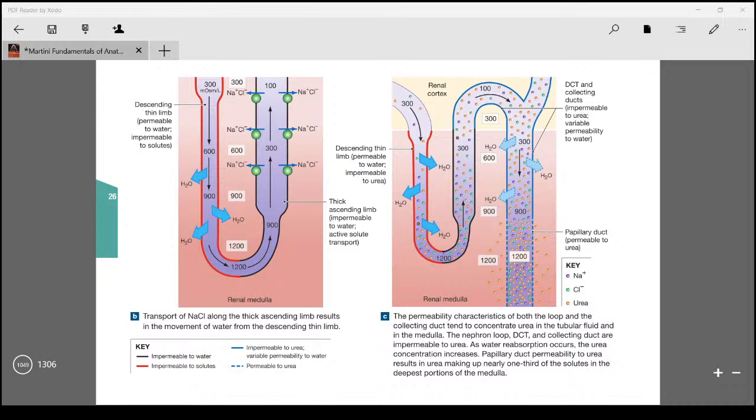Now what is the function of the countercurrent mechanism here? Countercurrent multiplication performs two functions.